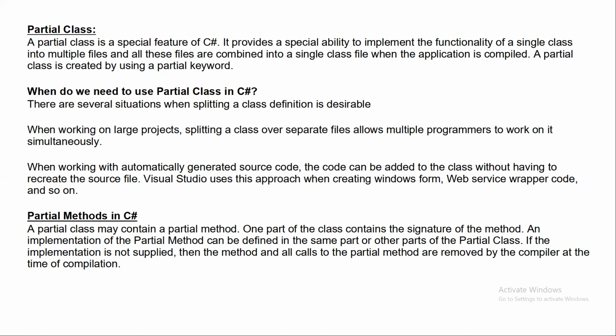That means I'm only declaring the method, but it's not my responsibility. My friend who is creating the other partial class is taking care of that method, but I'm not responsible.